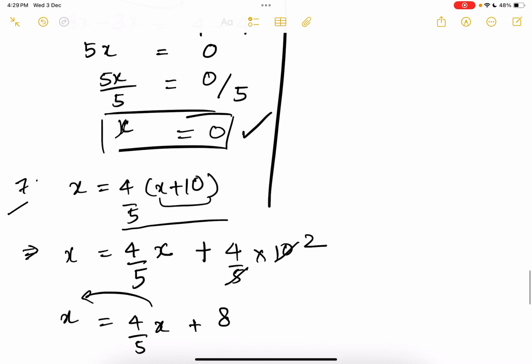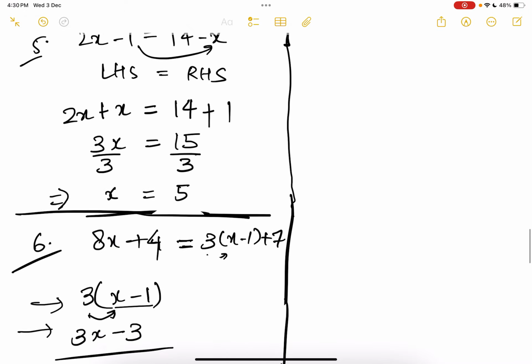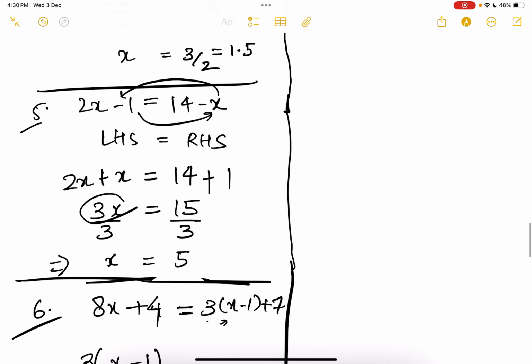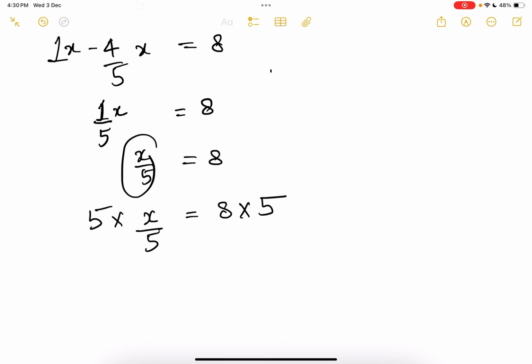Earlier each time we had multiplication with x. Suppose we were having 5x, x was in multiplication with 5. Here we had 3x, multiplication with 3. But now you are having a division, so you need to perform the opposite operation.